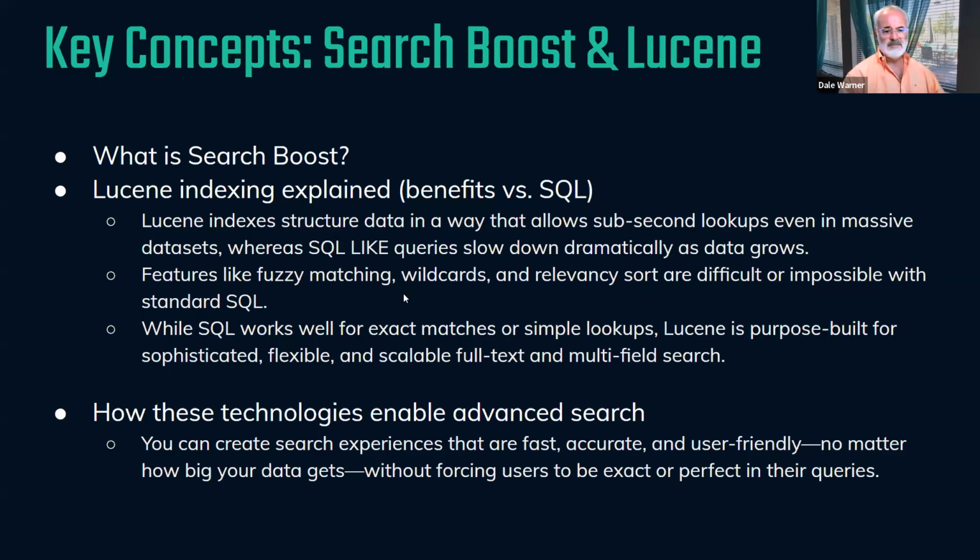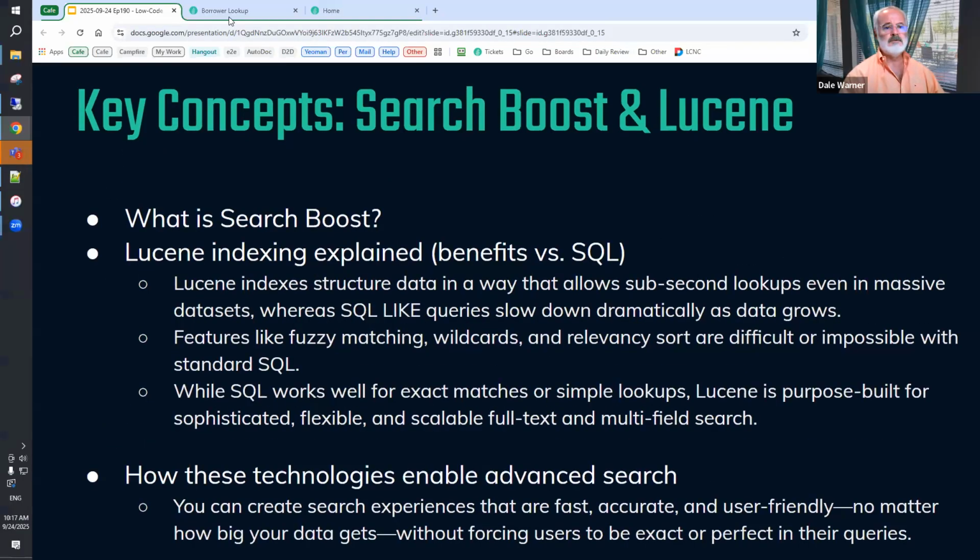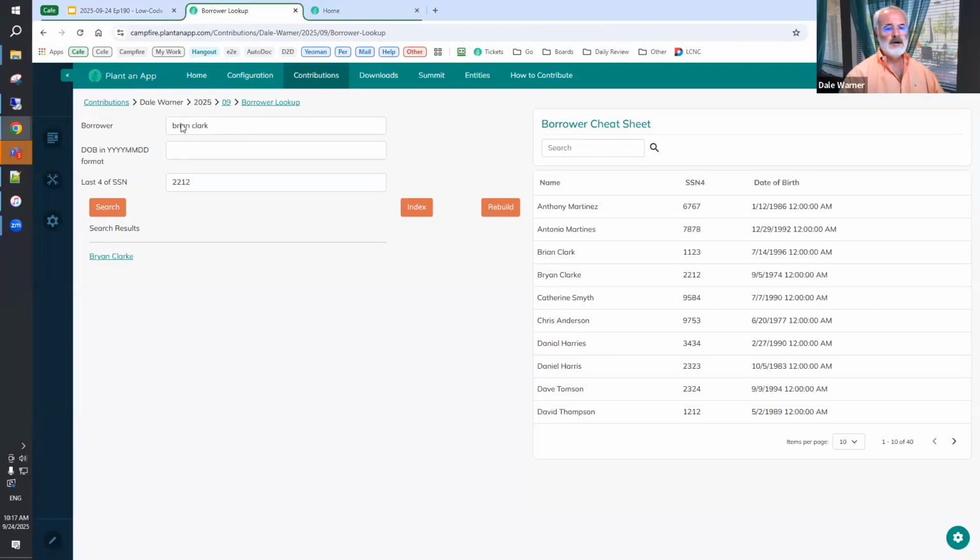And because of the way that Lucene works, it provides features like fuzzy matching and wildcards, and putting the most relevant results up on top. It would be good to demonstrate the relevancy.